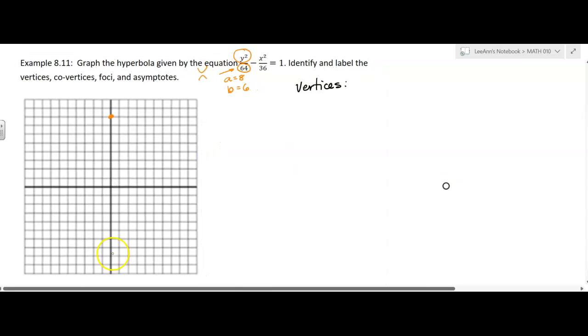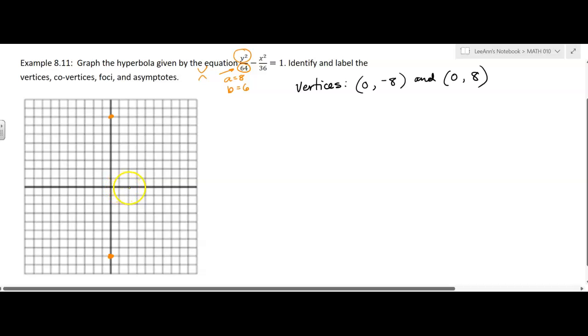And then the other vertex is going to be there. So my vertices are at 0, -8, and 0, 8.